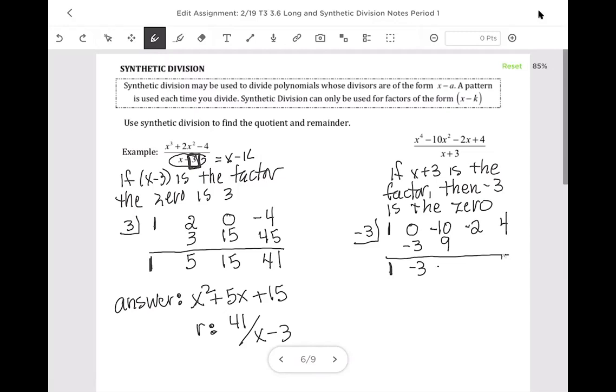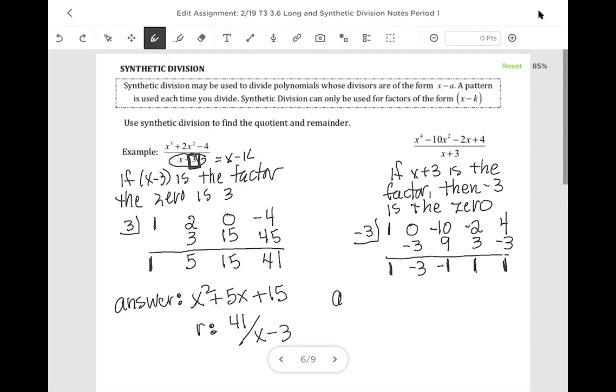Add, you get -1. -1 times -3 is +3. Add. You get 1. 1 times -3 is -3. You get 1. Sometimes I check myself to just make sure that I haven't made any mistakes. So 1 times -3 is -3. Add 9, add 3, add -3, 1.